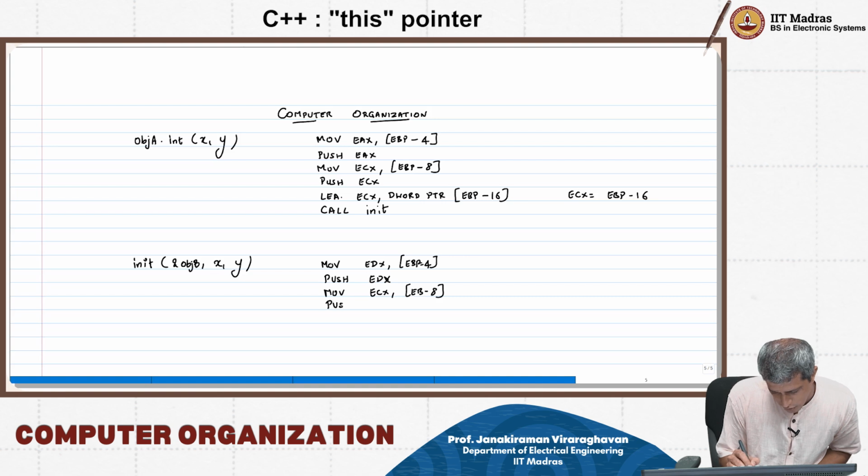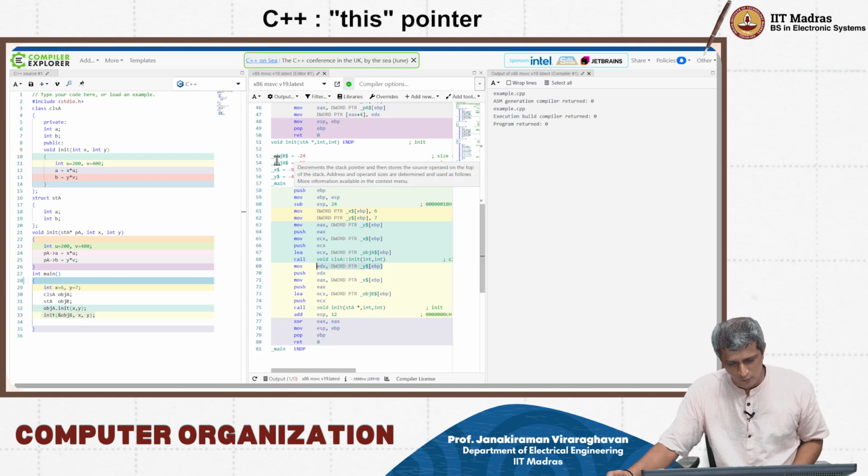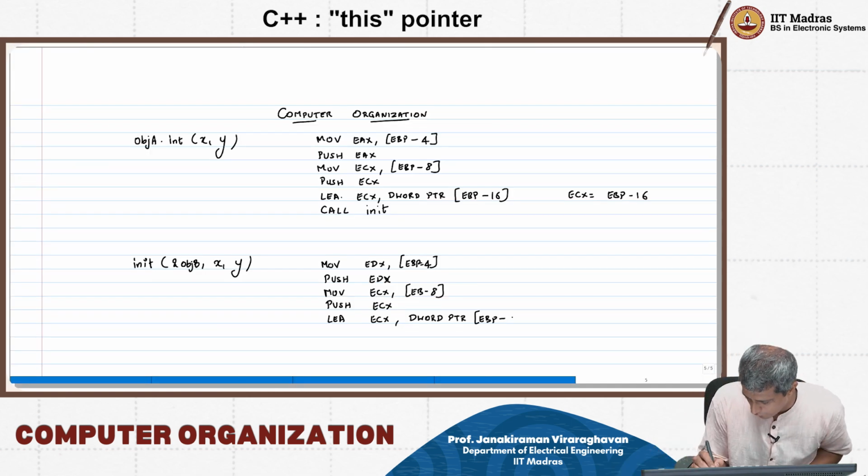And then push ecx, right? And then you're doing lea ecx, comma same thing, okay, dword pointer by the way, of ebp minus, this time it's not 16 because we are talking of object b, which is minus 24.